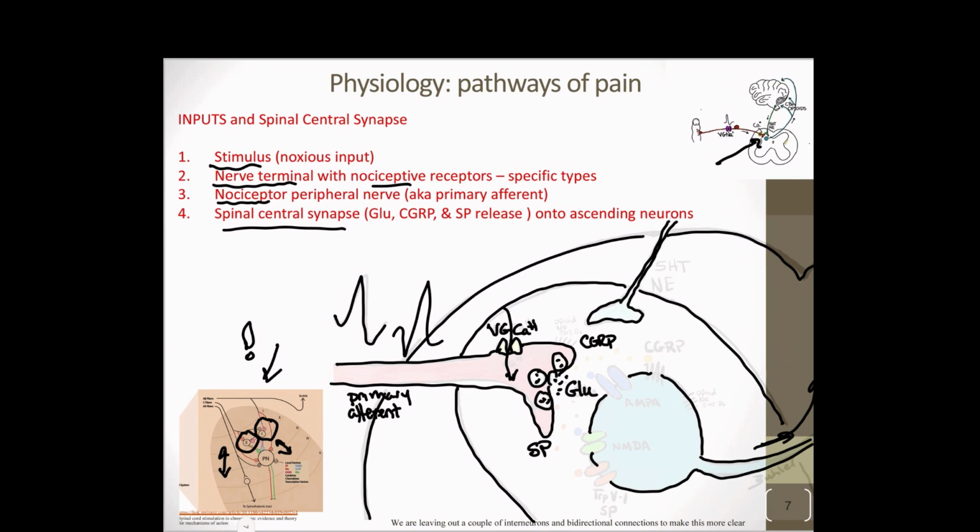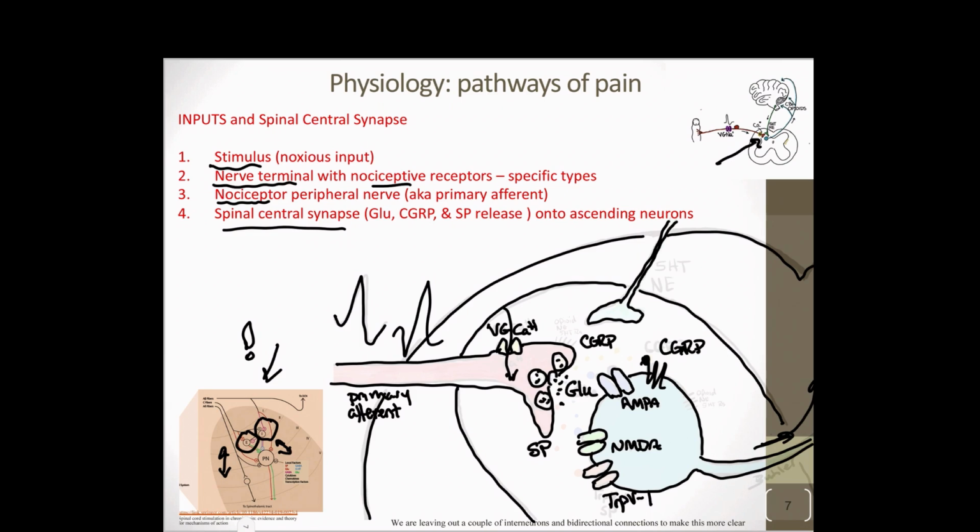Those are going to cross the synapse, and glutamate is going to act at NMDA receptors, which were those ligand-gated ion channels. It's going to act at AMPA receptors, which are also ligand-gated ion channels. The CGRP is going to act at CGRP receptors, and the substance P is going to act at TRPV1 receptors, which are ion channels.